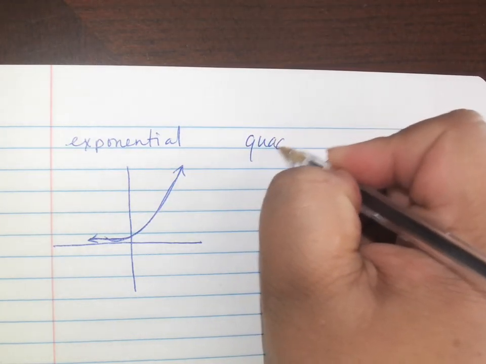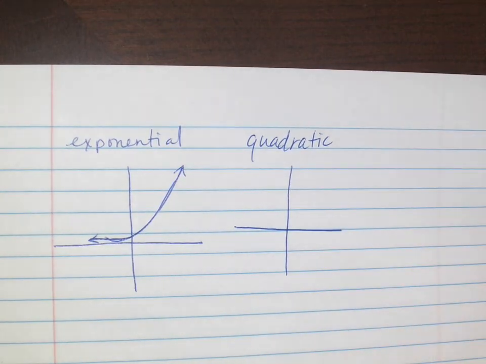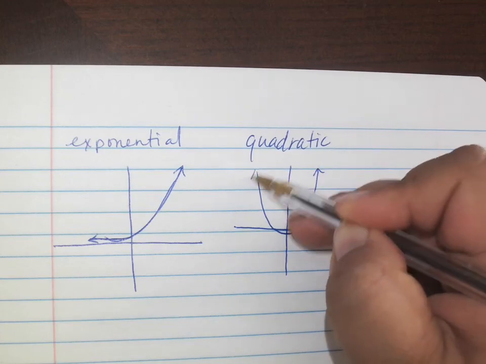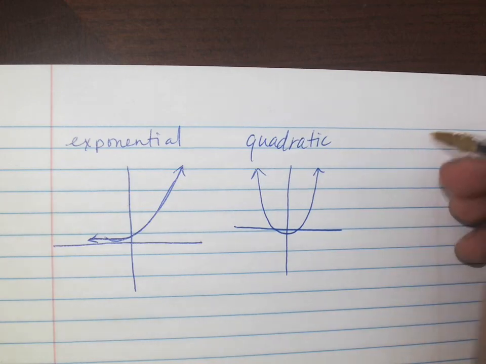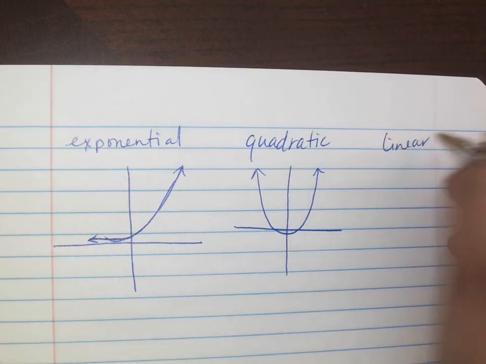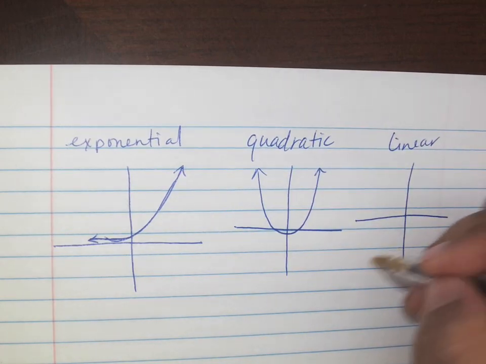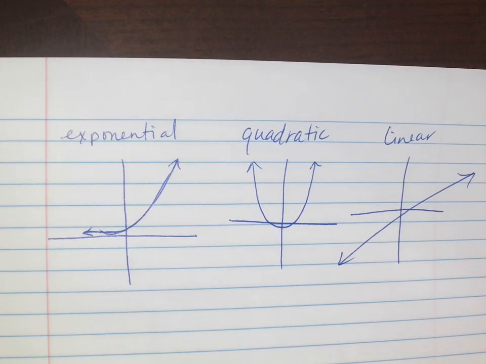We have talked about quadratics. Remember, those are parabolas. So you can have it like this. It could be upside down, different ways. And then we've talked about linear functions. Those are just lines, so it doesn't matter which way. That would be a linear function. So you're identifying them by looking at the graphs. If you have any questions, let me know. And like always, I'm available during office hours.